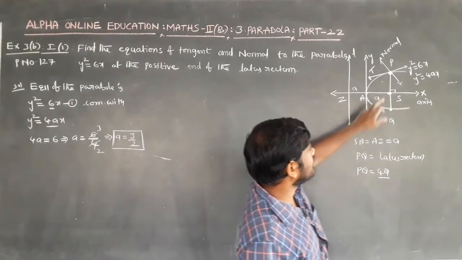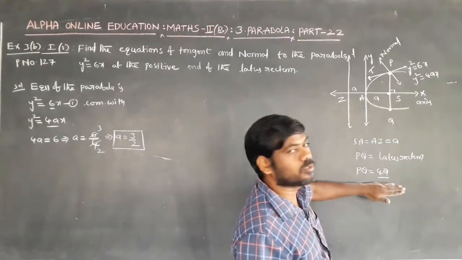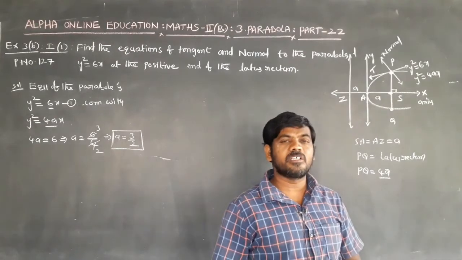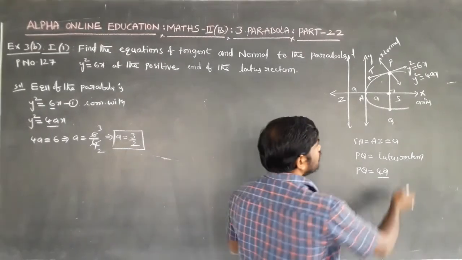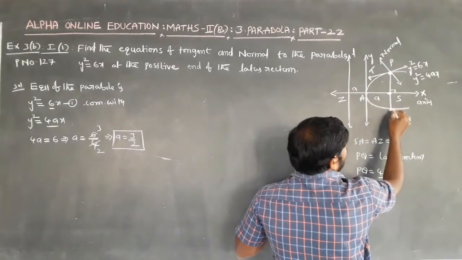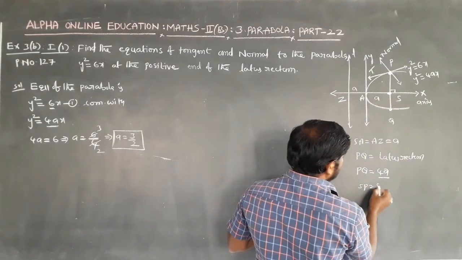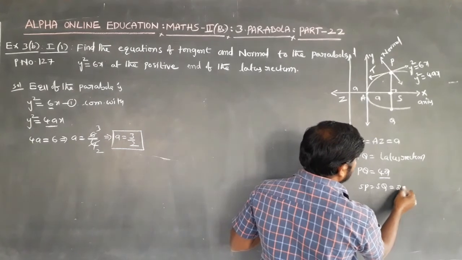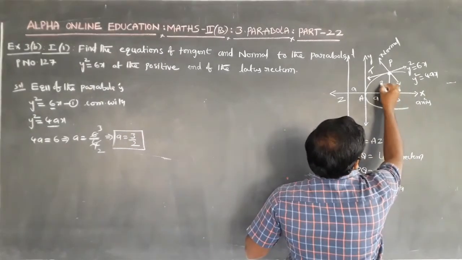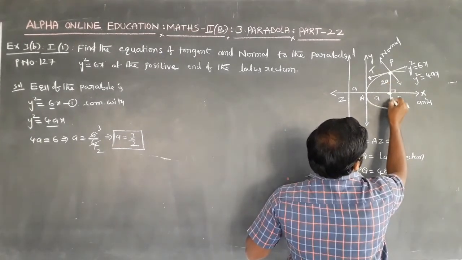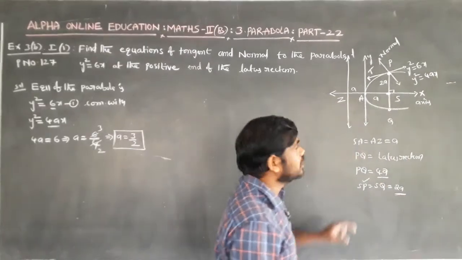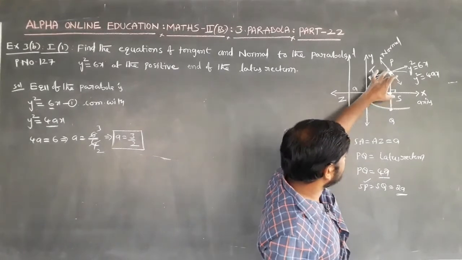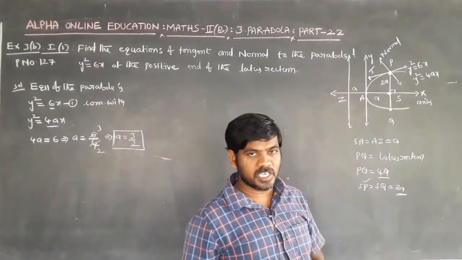Here the distance PQ is equal to 4a. So PQ is equal to 4a means SP is equal to SQ is equal to 2a. 2a plus 2a is equal to 4a.